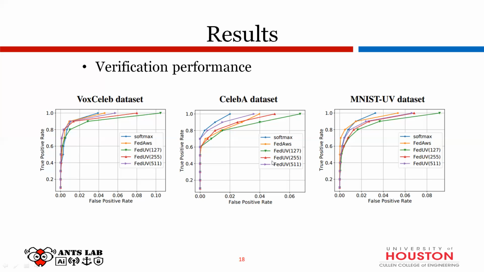It's just that if you use FedAWS with spread-out, they only need to share the embeddings with users. And for this paper's work, they don't need to share anything at all. That's basically the difference between these three. Okay, gotcha. And that is the verification performance.